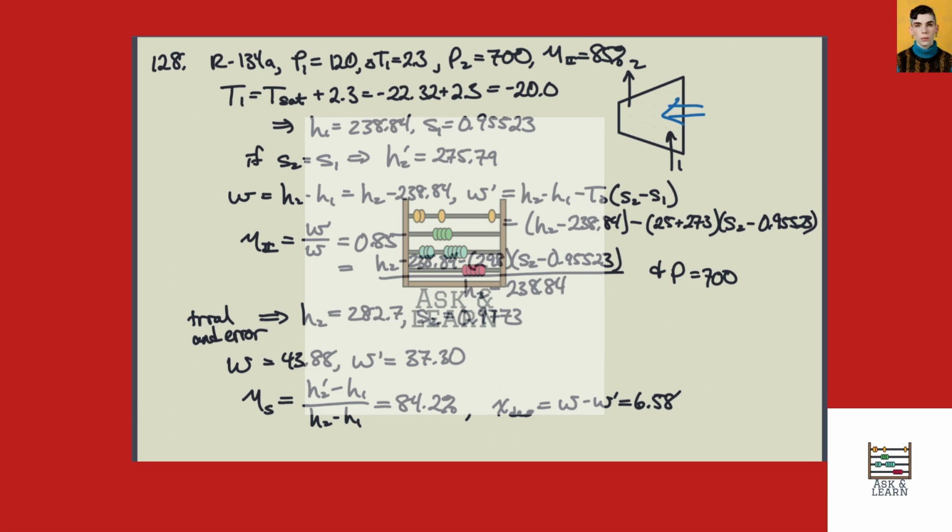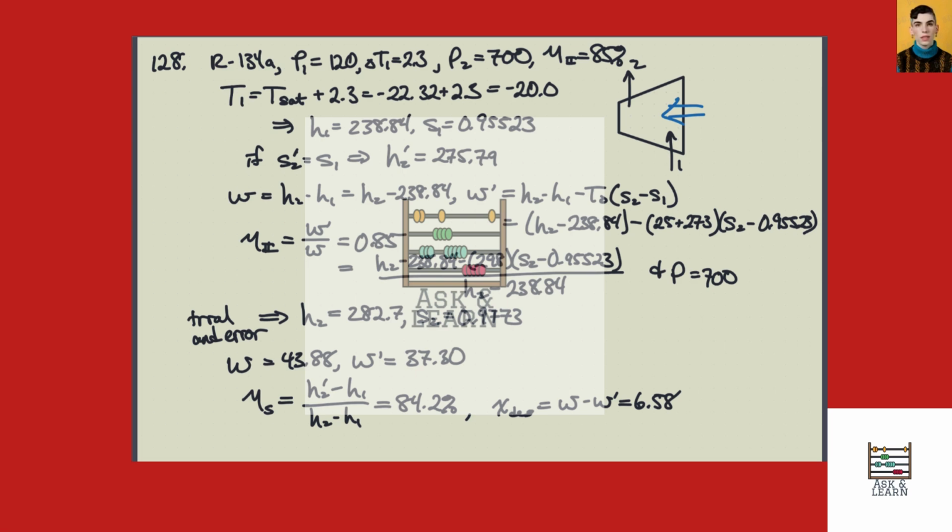So you can see here that we have H2 again here, right? And we have H2 here, and so then we're not assuming that the S2 is S2 prime. Let's actually call this S2 prime. So that is not the case.